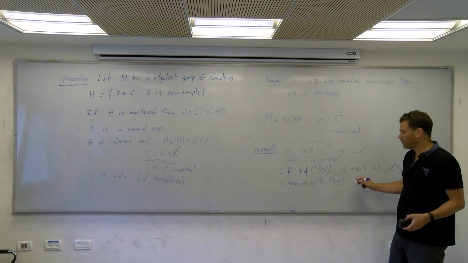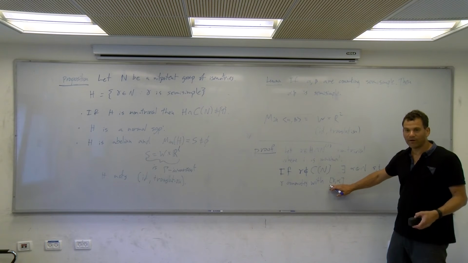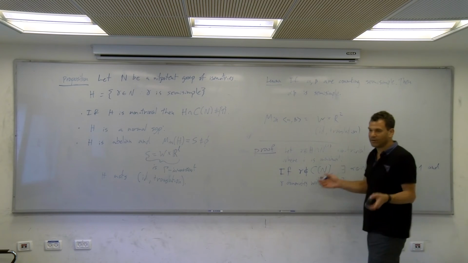If gamma commutes with it, I'm happy. Otherwise, I call this alpha and continue. And then after finitely many steps, since it's nilpotent, I will get it.